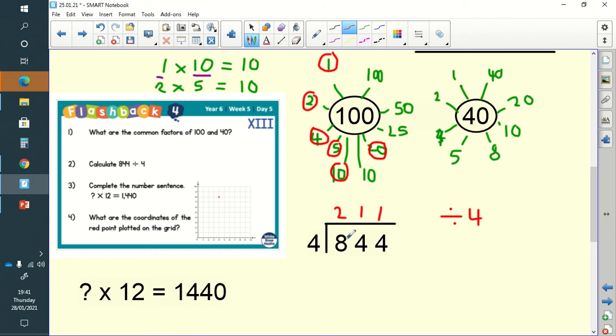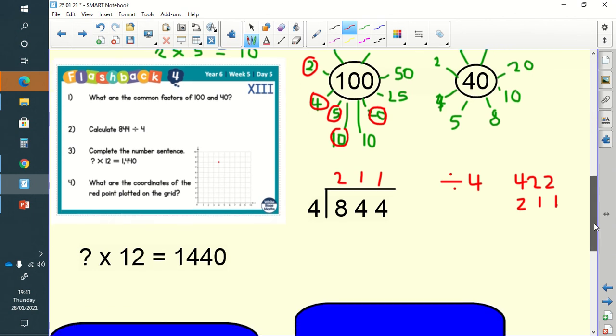So for example, half of 844 would be 422. And then we half again to give 211. There's lots of different mental methods that you could have used. I will let you pick what you think is the most efficient.